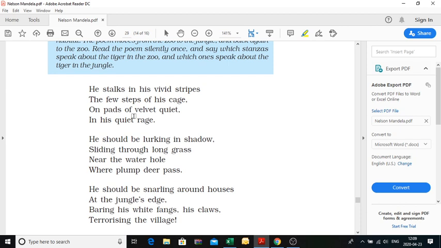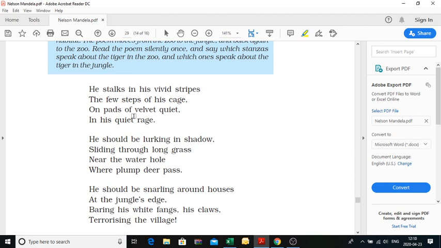Metaphor is a comparison in which one thing is said to be another, right? For example, the snow is a white blanket, है ना? He is a shining star. Right? These are examples of metaphor.